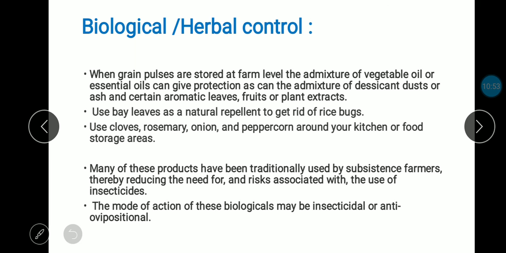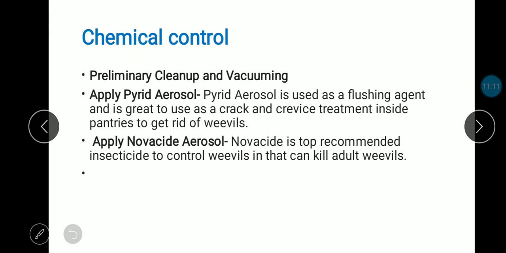Means chemical control can be avoided with the help of these methods. The mode of action of these biologicals may be insecticidal or anti-ovipositional and helpful in pest control.